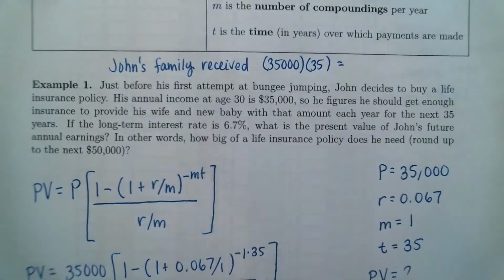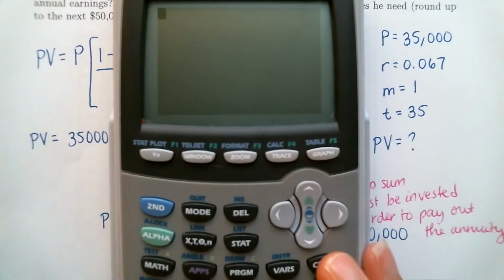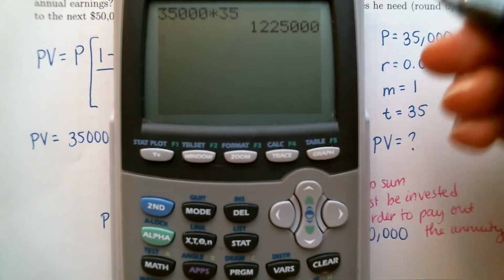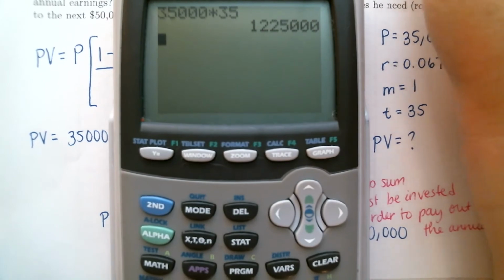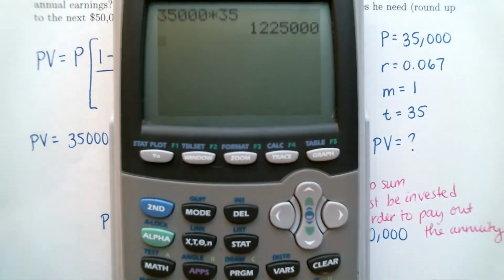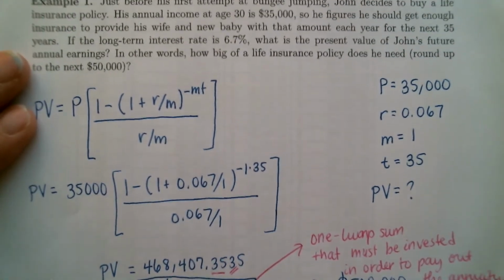If you multiply those numbers together, 35,000 times 35, they got $1,225,000 over the 35-year period.